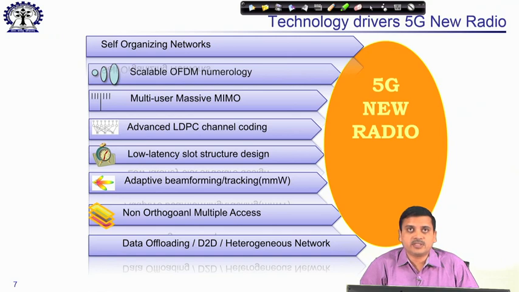So, we will talk about them. A significant part will be about the waveforms. We will also talk about massive MIMO, beamforming techniques, non-orthogonal multiple access, device to device architectures, and millimeter wave communications, to give you an overview of the different technologies which are the core or the heart of the 5G air interface.